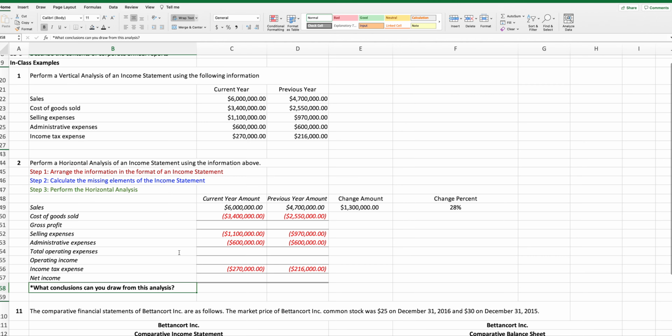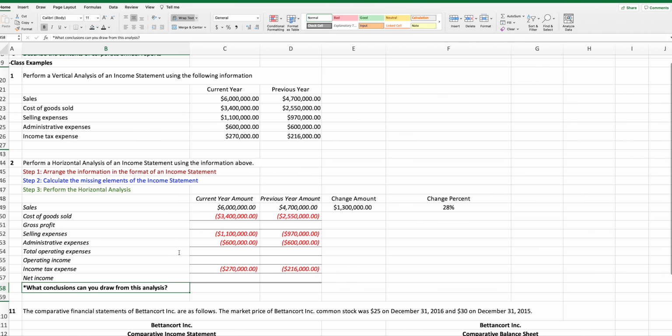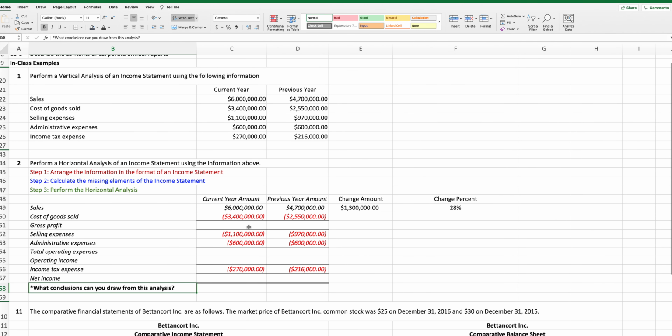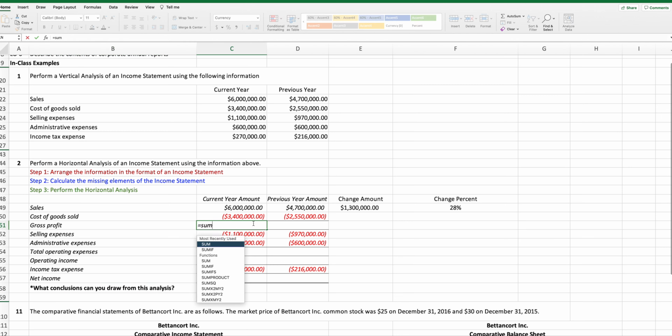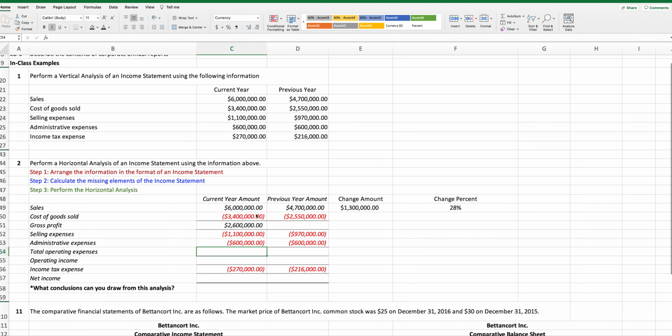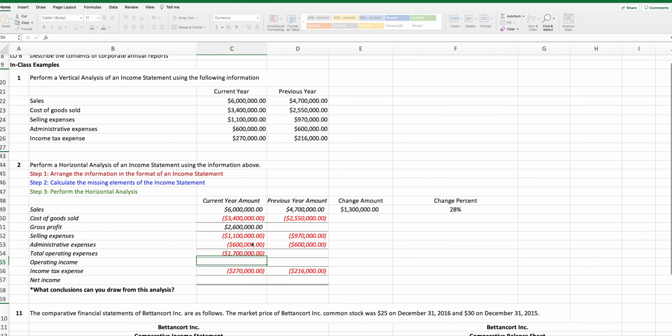Now, I could have, again, done a copy paste, but I'm just going to do this the old way. I'm just going to sum things up really quickly. And I'll sum things here. And then I'm going to subtract out total operating expenses from our gross profit.